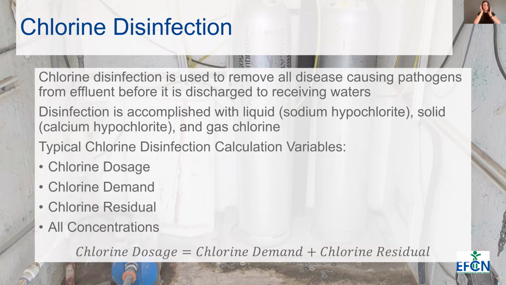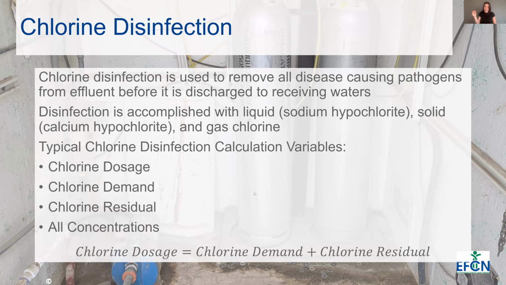So for our chlorine disinfection, chlorine is used to kill our pathogens, those disease-causing microorganisms, in the effluent before it's discharged to our receiving waters. Disinfection is accomplished with liquid chlorine, which is sodium hypochlorite, solid chlorine, which is calcium hypochlorite, and gas chlorine.